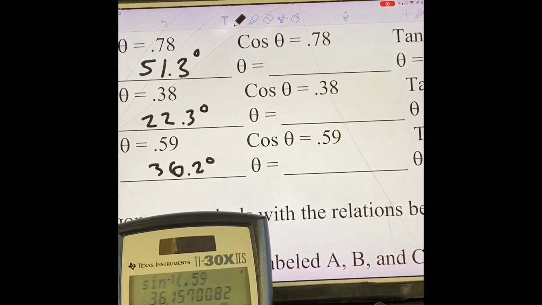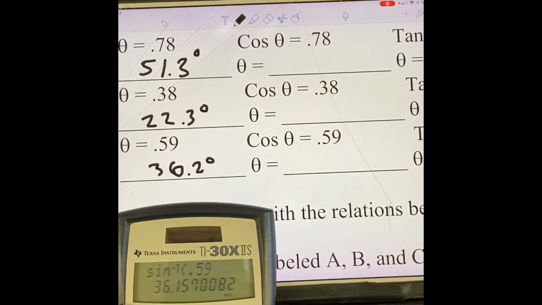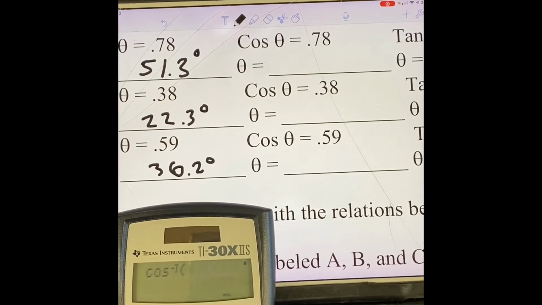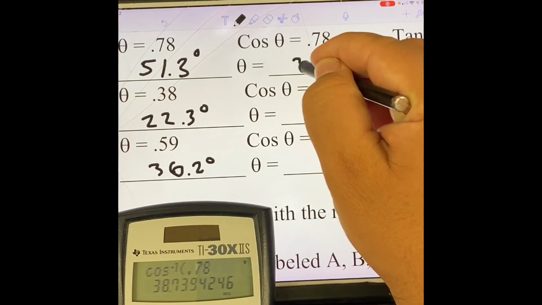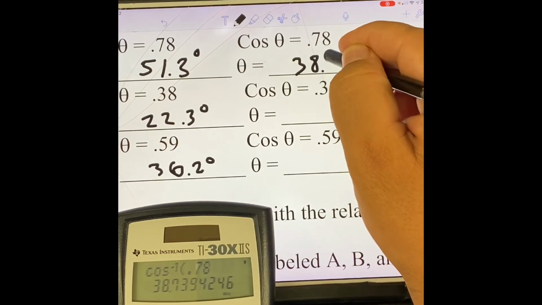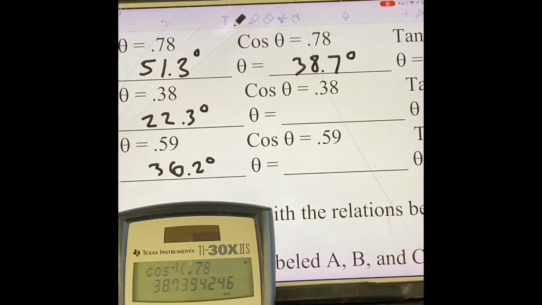Second column, we have the arc cosine. So second function cosine of 0.78. That is going to be 38.7 degrees. Notice all of my answers are angles. We're working backwards. Instead of taking the sine, cosine, and tangent of an angle to get a decimal, we're taking the arc sine, arc cosine, or arc tangent of a decimal to get an angle.